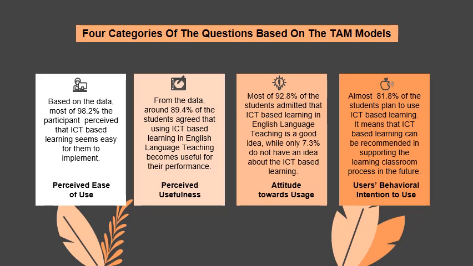The first one is perceived ease of use, or PEOU. In this study, it refers to the degree that the students believe that the use of ICT-based learning requires a relatively low workload and thinking effort.